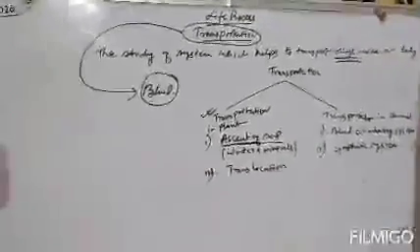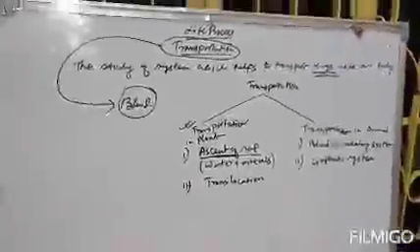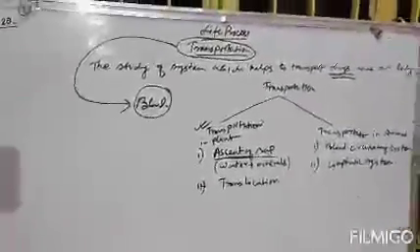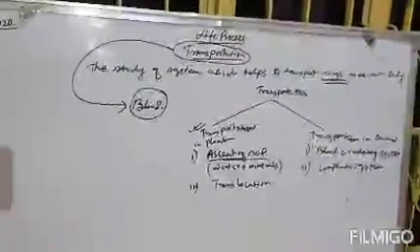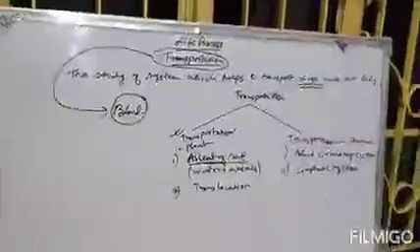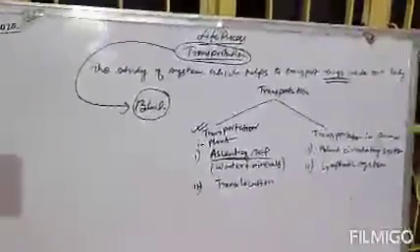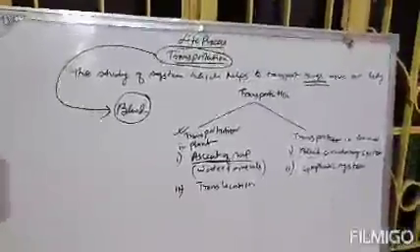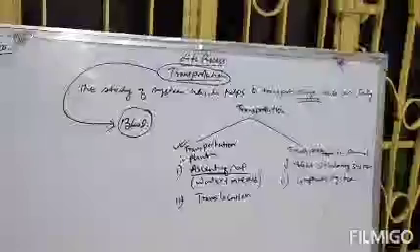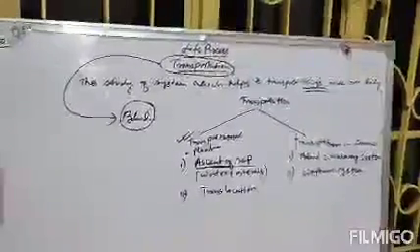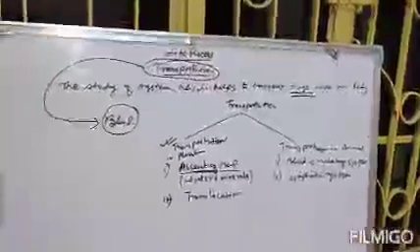Now plants absorb water and minerals from the soil. We all know that plants absorb water and minerals from the soil with the help of roots. Now these water and minerals have to flow within the plant. Clear? So there is an upward movement from the root of the plant to the crown of the plant.